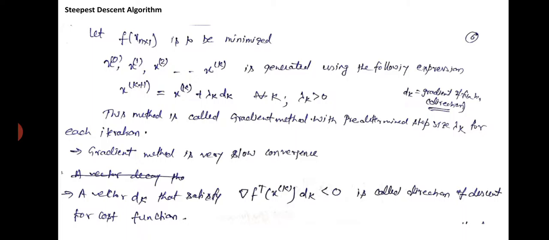But the problem of this steepest descent algorithm is that it has very slow convergence in comparison to other latest algorithms. Convergence means the number of iterations required to reach the result.